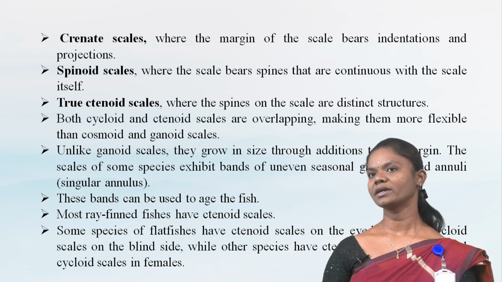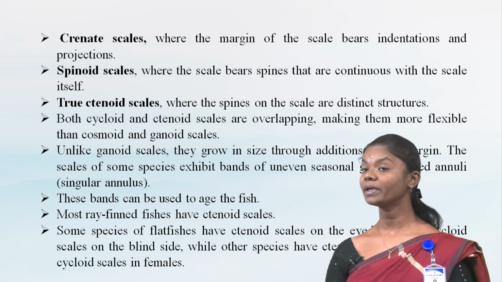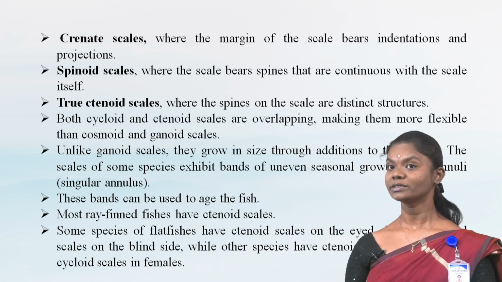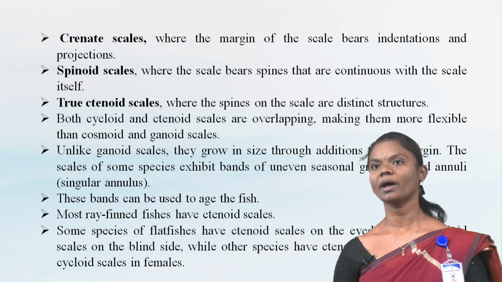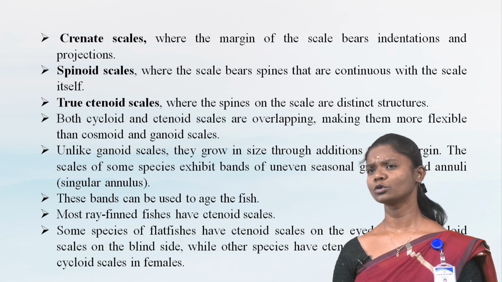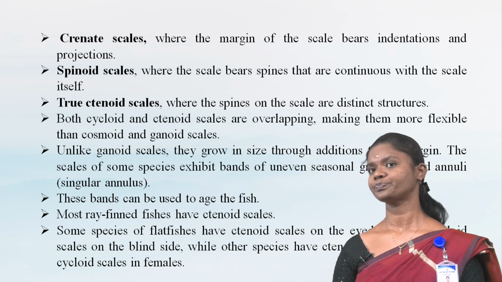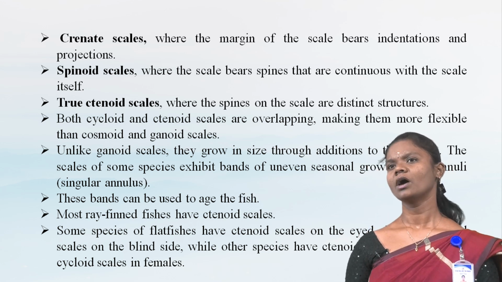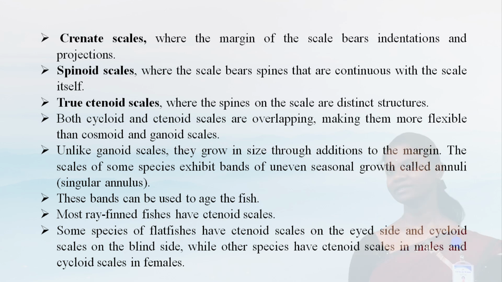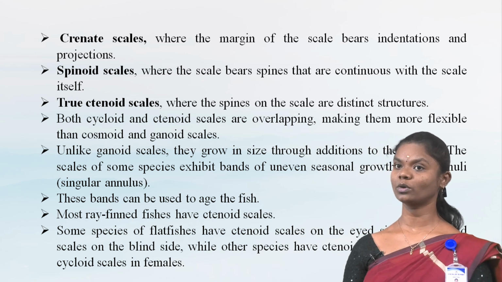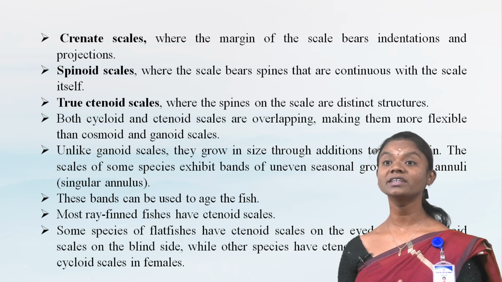Both cycloid and ctenoid scales are overlapping, making them more flexible than cosmoid and ganoid scales. And unlike ganoid scales, they grow in size through addition to the margin. The scales of some species exhibit bands of uneven seasonal growth called annuli, so these scales can be used to age the fish.